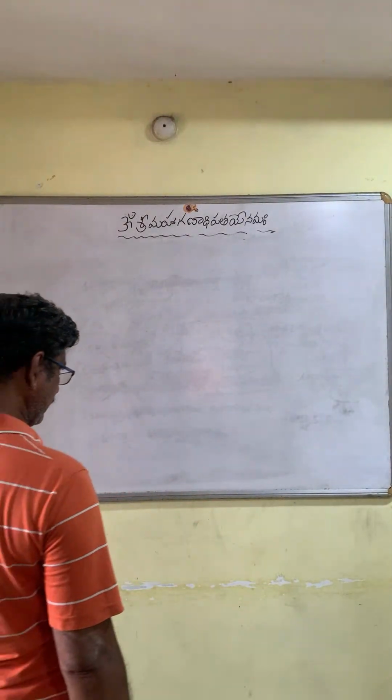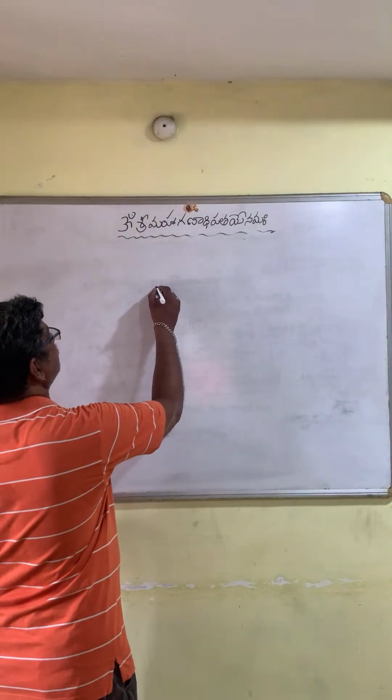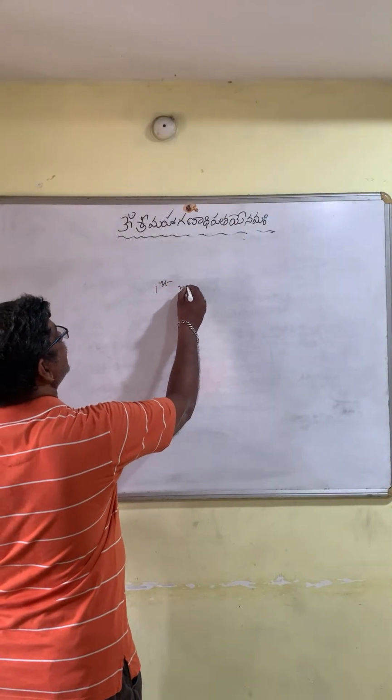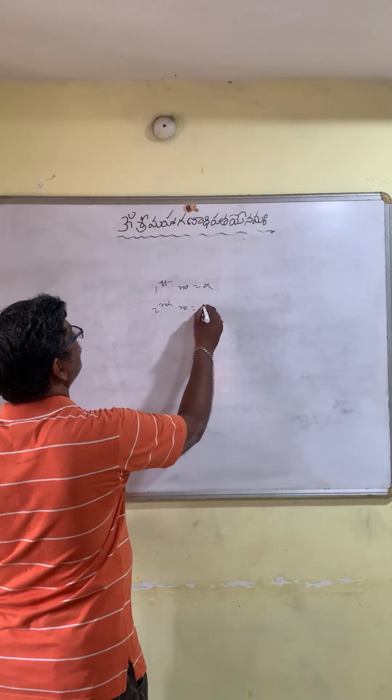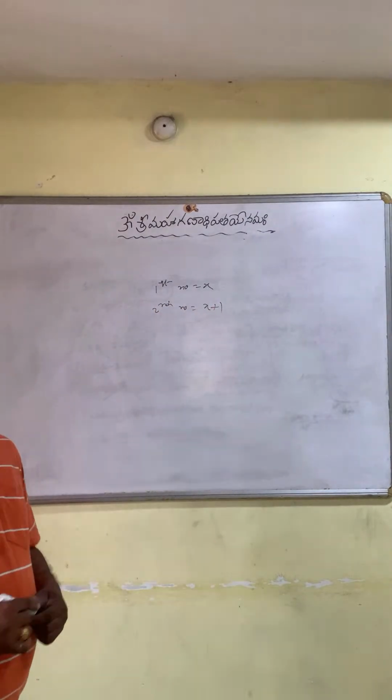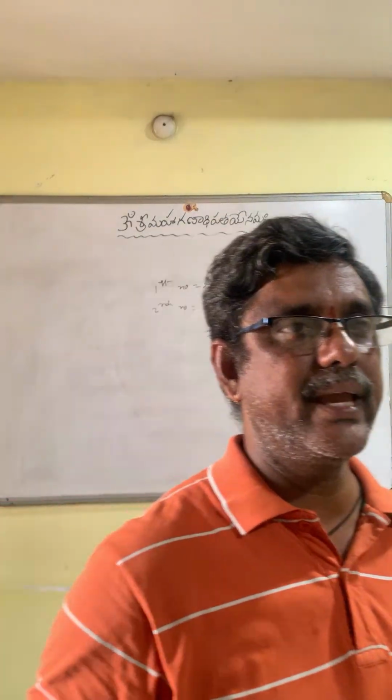Now, let the first number be x, and then automatically the second number will be x plus 1.